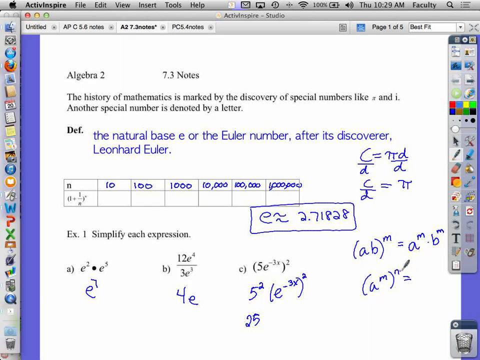If I have a to the m to the n, I need to multiply the exponents, so that's e to the negative 6x. And then the last property I need to use is the negative exponent property. You may not leave a negative exponent. So this is 25 over e to the 6x. Okay, so no negative exponents in our final answers.